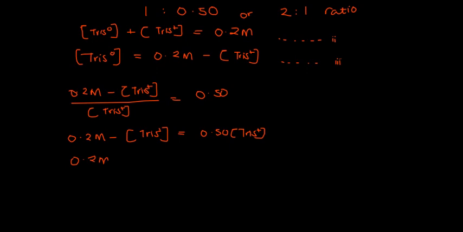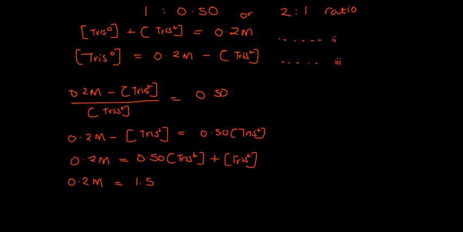0.2 molar is equal to 0.50 Tris acid plus 1 Tris acid. So we get 0.2 molar is equal to 1.5.